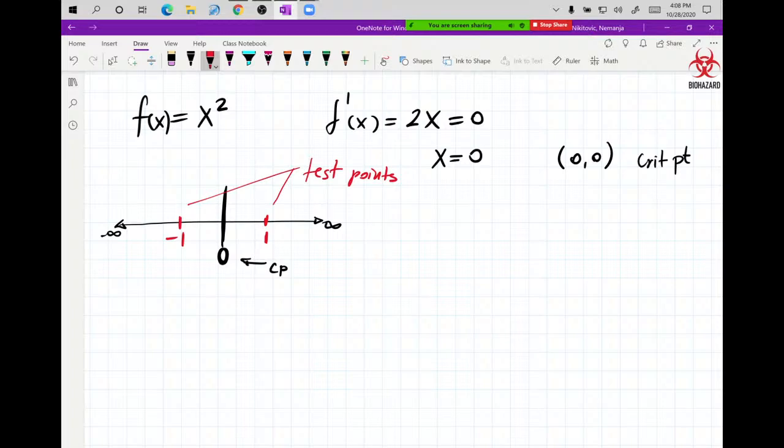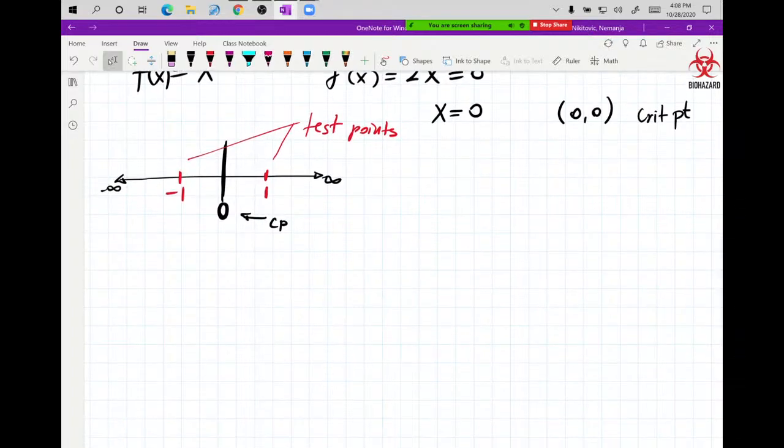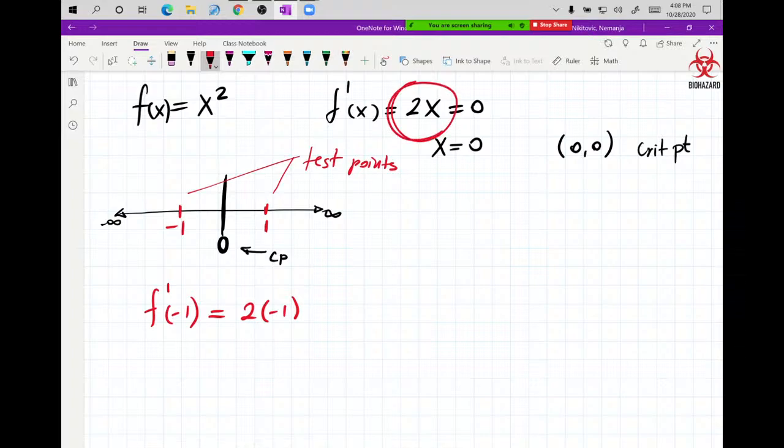And now, the first derivative test, f prime of -1. Well, that's 2 times -1, right? Your f prime function is 2x. If your x is replaced by -1, you will get -2, which is smaller than 0, which implies that the function f of x is decreasing on that region.